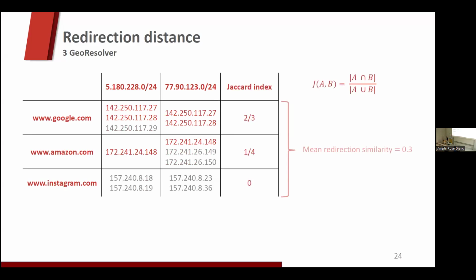And then we use the Jaccard index, which is a very common metric to evaluate the similarity between two sets of elements, to evaluate the similarity of the redirection for each host name. And finally, we use the average similarity across host names to evaluate the similarity of the two DNS redirections for the two subnets. So fine, we have our metric to evaluate the similarity.